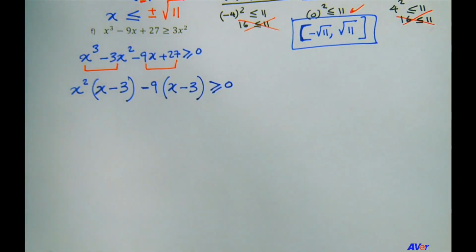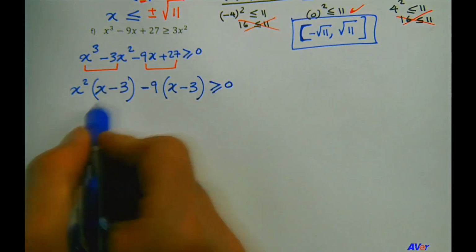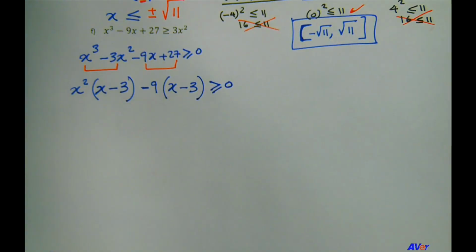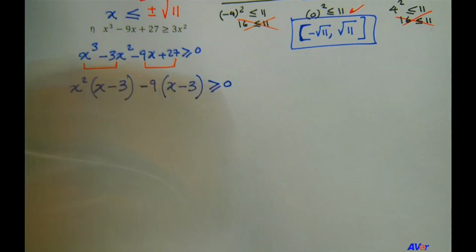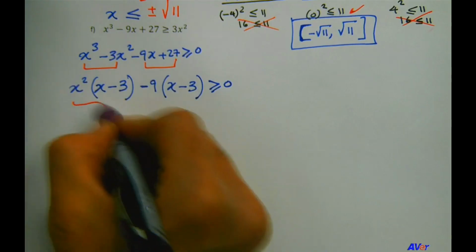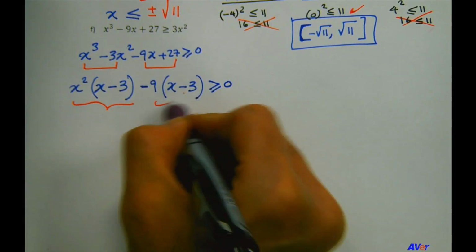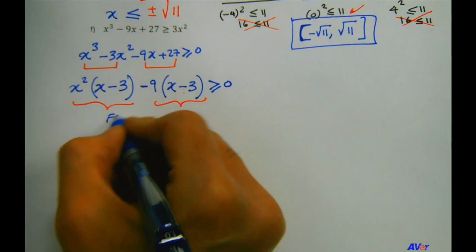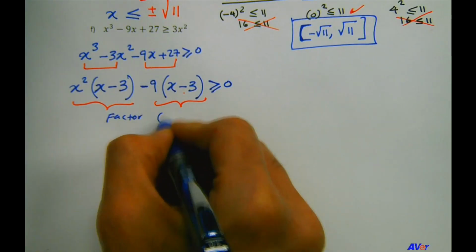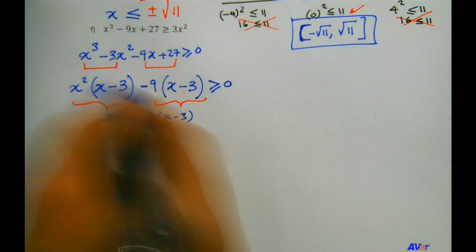So let's step back and visually scan this result. Is there anything else we can factor out? There is, isn't there? The x minus 3 is common to this term, and x minus 3 is common to this term. So let's factor x minus 3 from both.